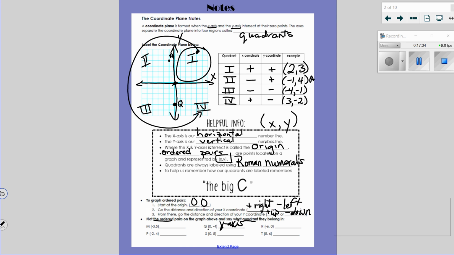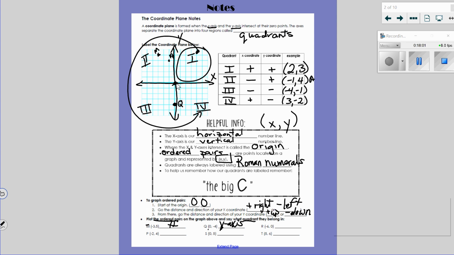I put my pencil here. -3 means that I am going left. 1, 2, 3. +5 means I'm going up. So I go up 1, 2, 3, 4, 5. Only after I've done both moves do I put my dot in its place and label it. This is letter M. That was in quadrant 2. Okay? We already did the 0, -4.